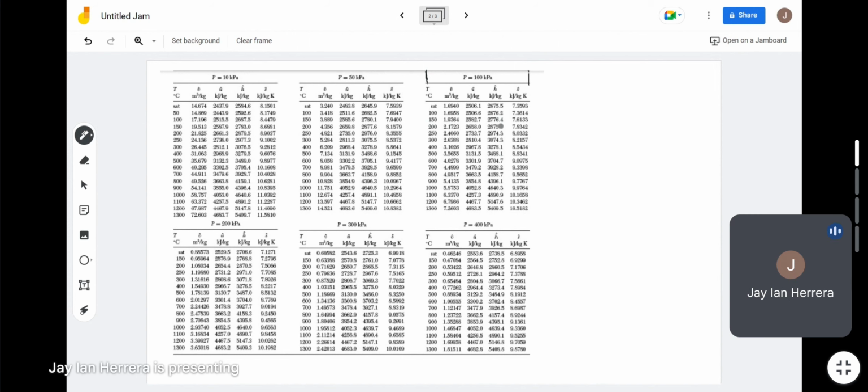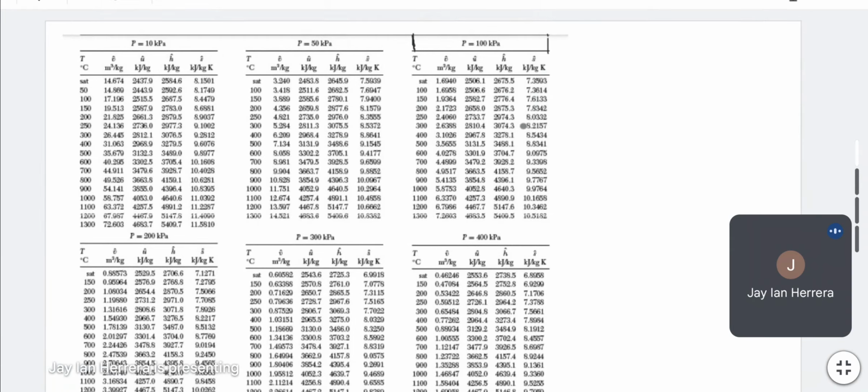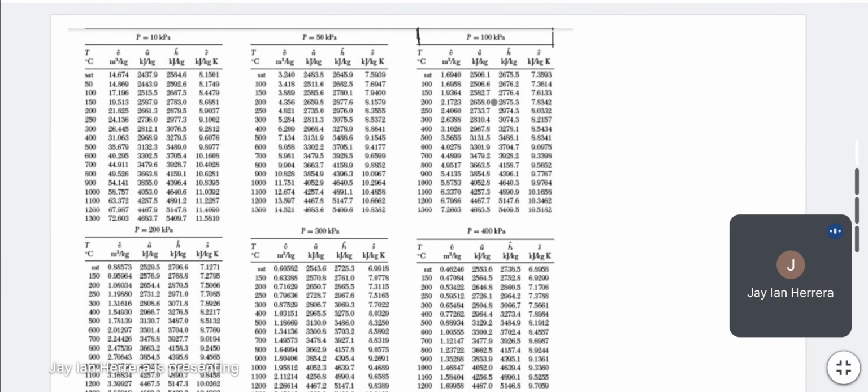hahanapin natin yung value ng h or enthalpy at that point. Yeah. So, kunwari 100 kPa pressure and then given tayo ng temperature na 220. So, kukunin natin yung value ng enthalpy at the gitna or dito sa part na to.